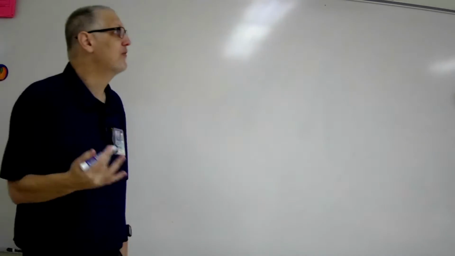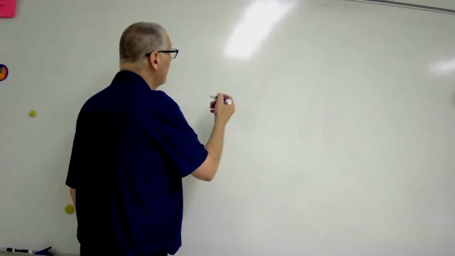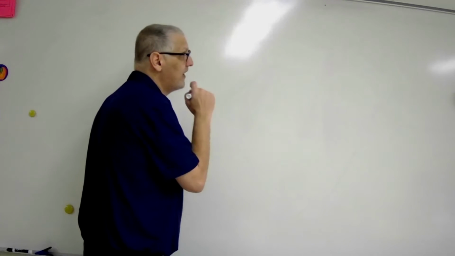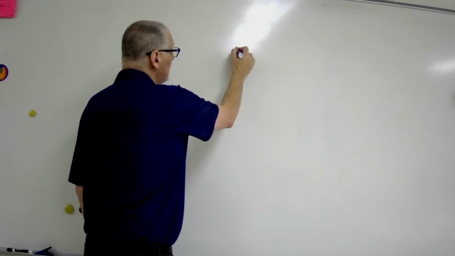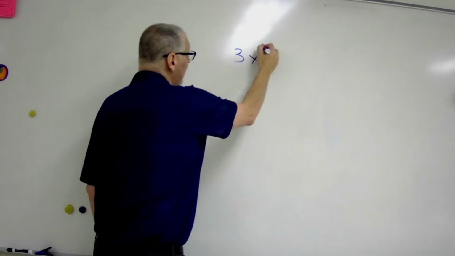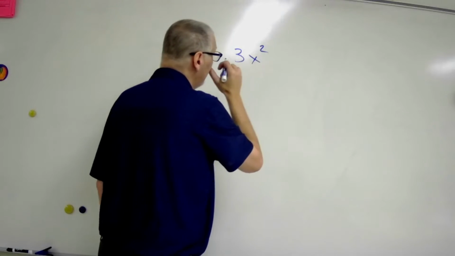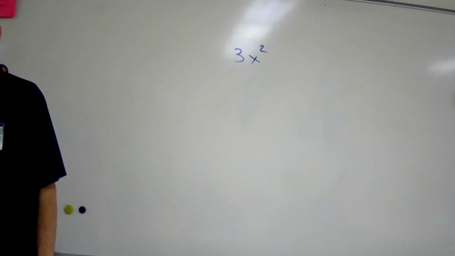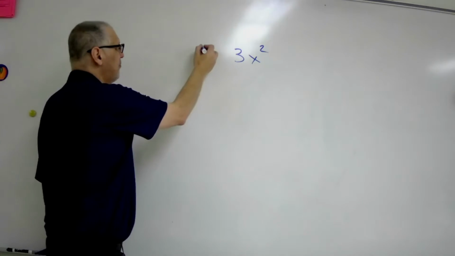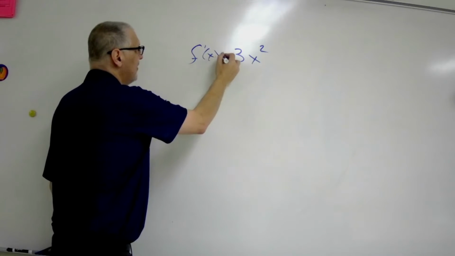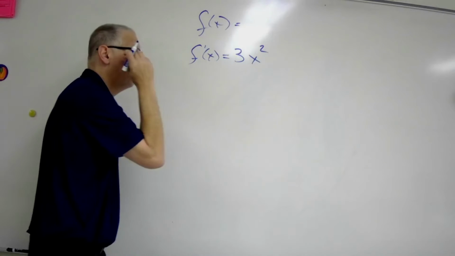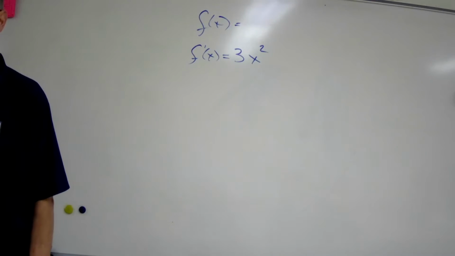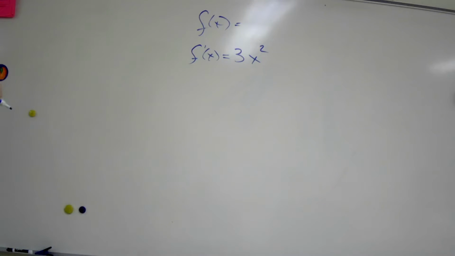If I put something up here like, I don't know, 3x squared, if I wanted to go backwards, say that this was f prime, if I wanted f of x, what would that be? What would f of x be?